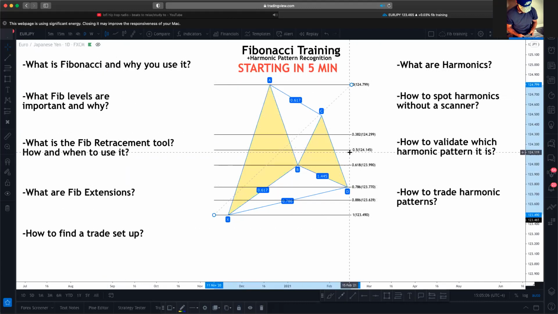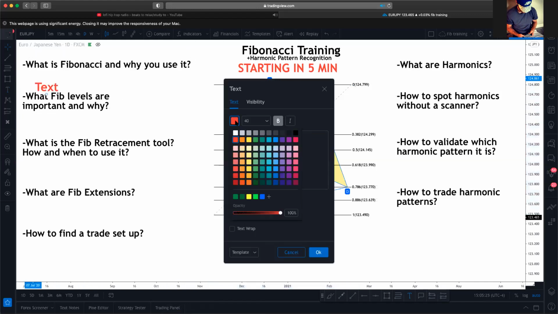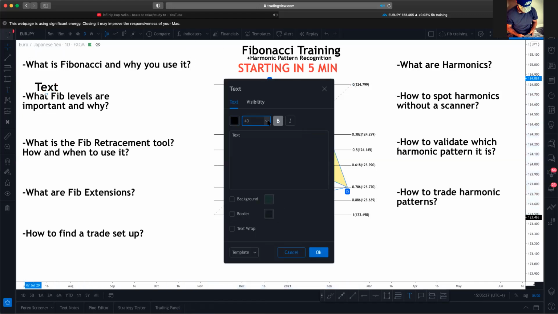Fibonacci is a sequence of numbers, and the numbers are found by adding up the two previous numbers. So it starts like this, with 1.